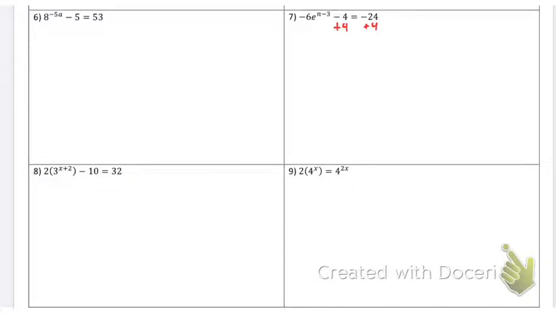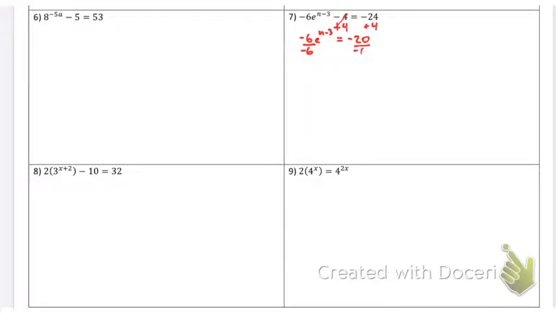Okay, so once I do that, we have -6e to the n minus 3 equal to -20. And then the next thing we want to do is get rid of the 6 because it's not my base. e is my base, so -6 has to be divided away because it's multiplying.